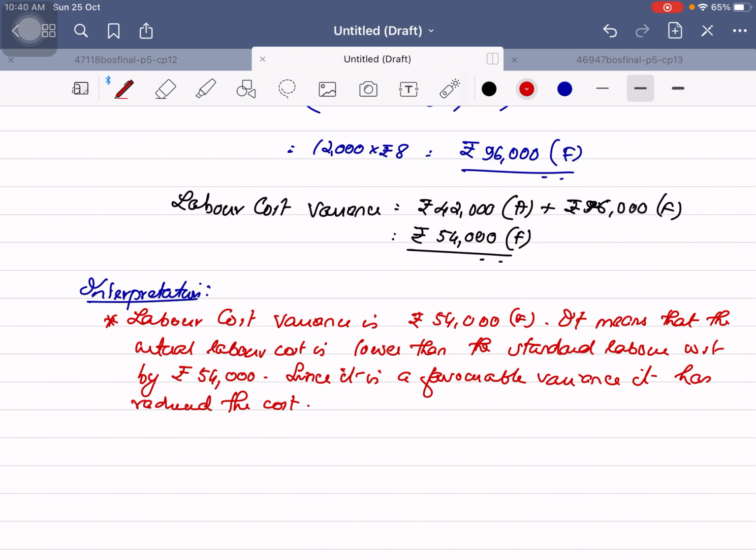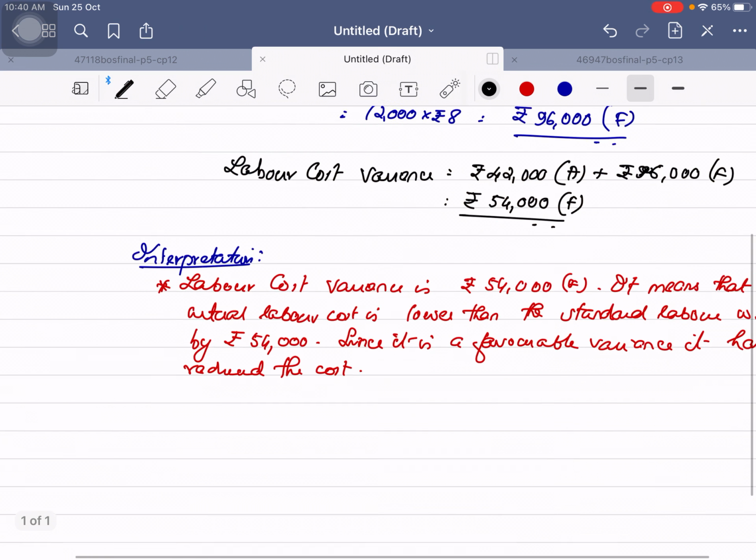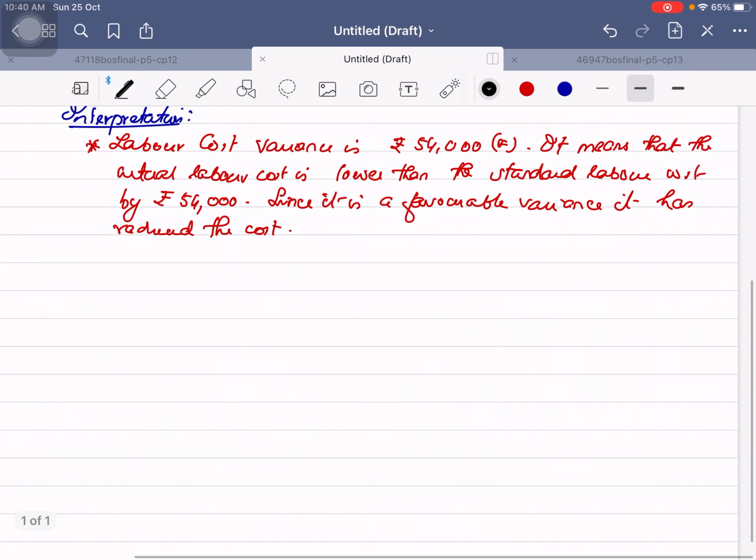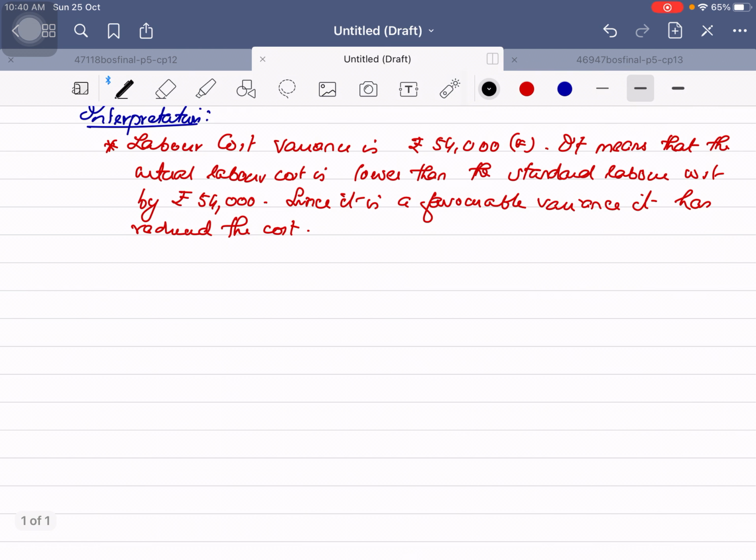Now that is for labor cost variance or overall labor cost variance. Now going to the bifurcations of labor cost variances. First variance what you have is the labor rate variance. What is labor rate variance? Labor rate variance is rupees 42,000 adverse.